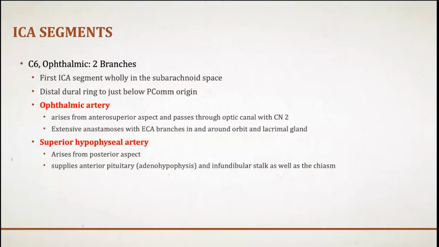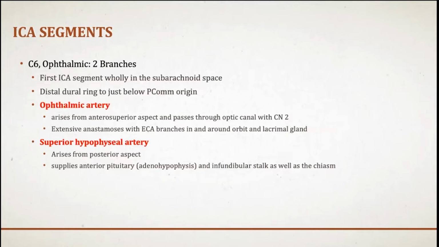The vasculature is able to adapt to the occlusion over time. Obviously, if it's an acute occlusion, which you guys will learn about later today during the stroke talks, it's very different. But if you have something that's a chronic occlusion, a lot of the times the ophthalmic artery is able to sort of reverse flow and give blood supply to the brain via the ECA.